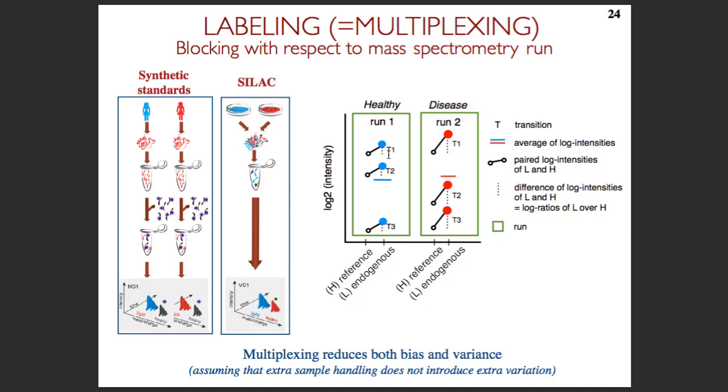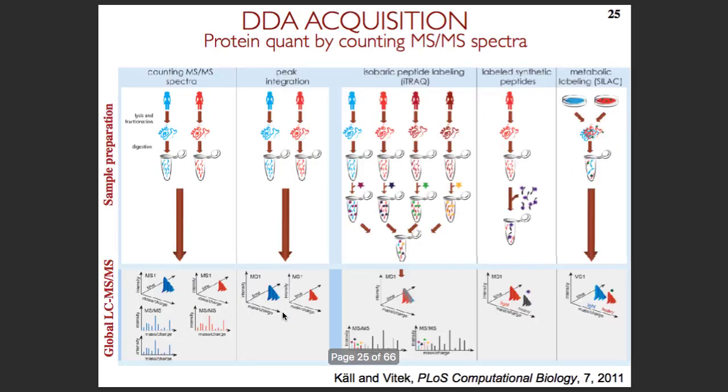Another way to use blocking is SILAC, where instead of adding a reference peptide in constant concentration, we mix two endogenous samples. And we have now two peaks because one of the two mixtures has heavy label attached to this. And we now make comparisons between two endogenous samples within the same run. And yet another way to do this, and this is what TMT would do, is to multiplex even more.